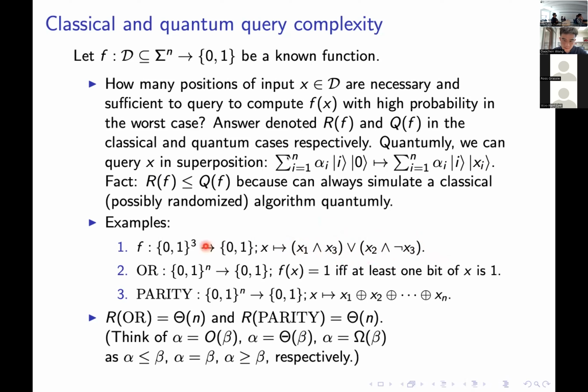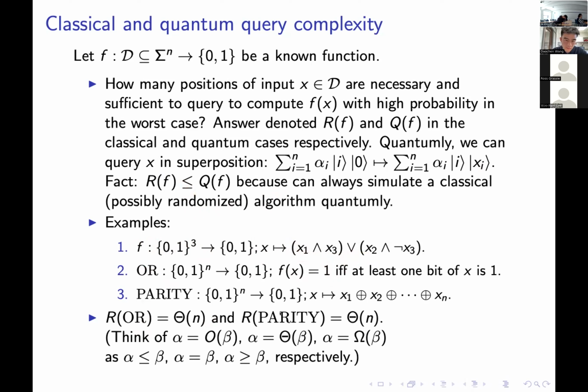So this example shows that sometimes there can be some non-trivial quantities coming into the query complexity. I should also mention that this f, in some sense, does depend on all 3 positions of x, but its query complexity is still 2.